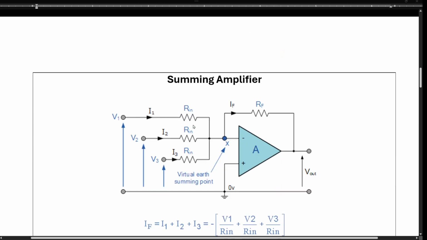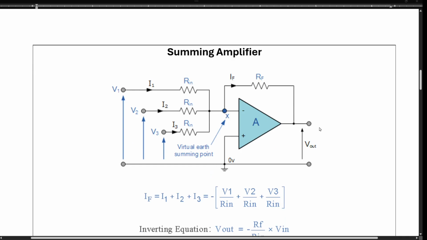But if we have those resistors in parallel, and you make them the same value, so 10 kilo, 10 kilo, 10 kilo, then whatever the feedback resistor is, if you want to make a true addition, all the resistors are going to be the same. Because this divided by that gives you the gain of 1, plus this, the gain of 1. So if you have 1 volt plus 1 volt plus 1 volt here, with the gain 1, you're going to have 3 volts on the output.